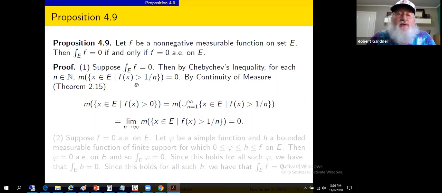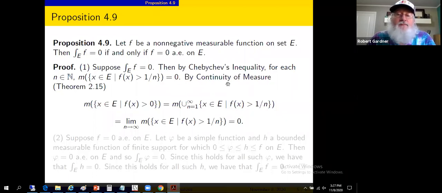The measure is less than or equal to n times the integral. Chebyshev says, well, the integral is 0, so the measures of all those sets will have to be 0. So we get measures of 0 on all of these.